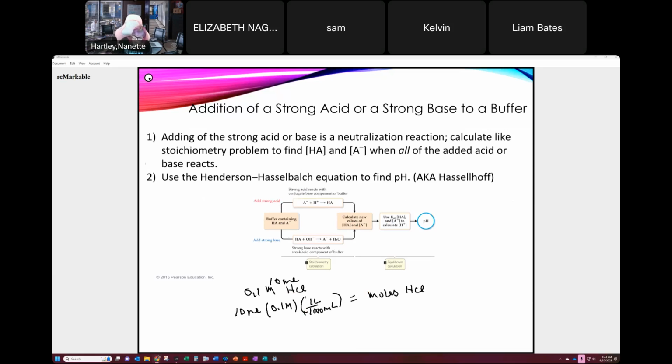And then we can use that. If I know how many moles of HCl, that tells me how many moles of H plus I generated.